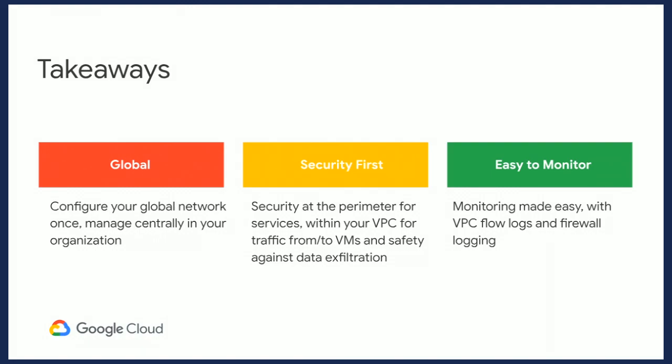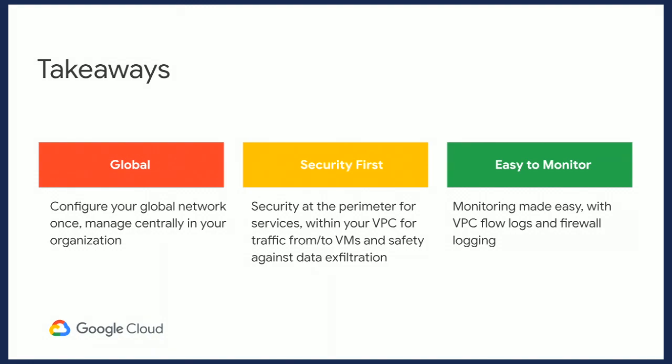So just to summarize briefly the takeaways that we want you to remember from this presentation. The first is that the virtual network is global in nature, so you can configure your network once and manage it centrally using Shared VPC. Security comes first with Google Cloud in general and with VPCs as well.